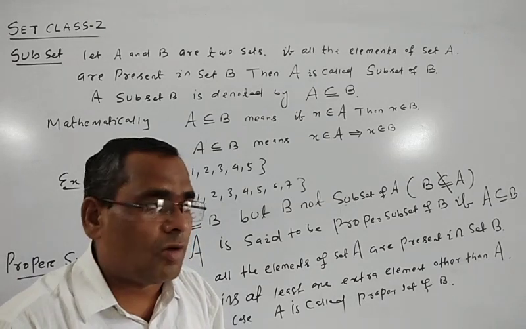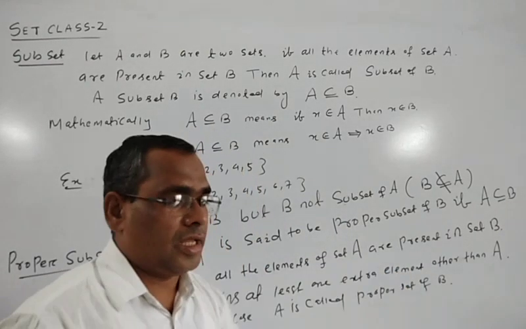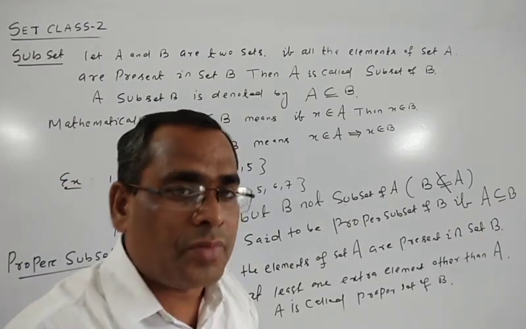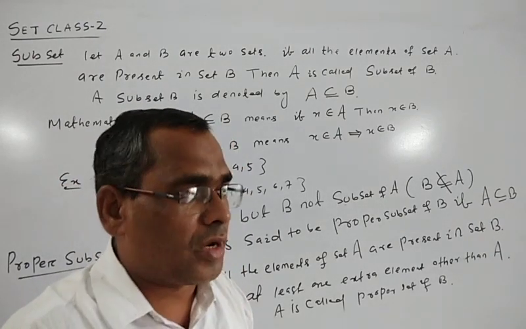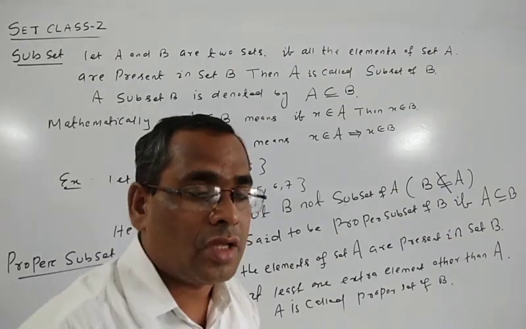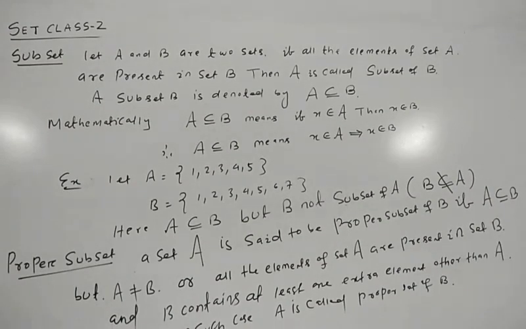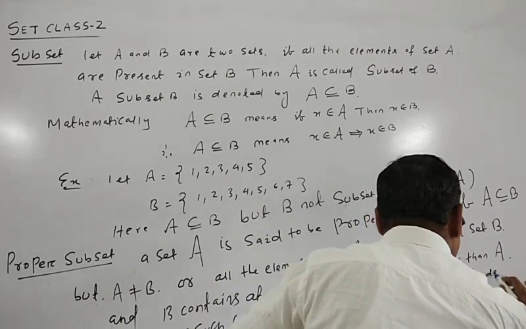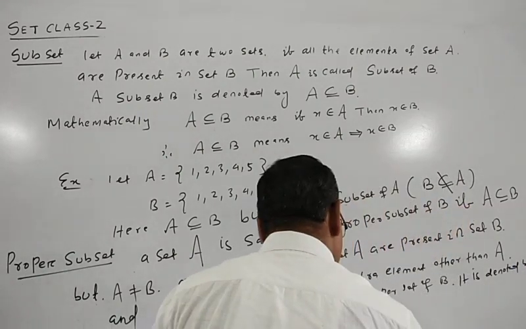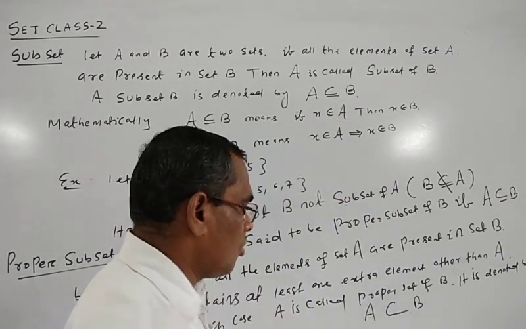Or all the elements of set A are present in set B and B contains at least one extra element other than those of A, which is not in set A. Then A is called a proper subset of B, or B is a superset of A. It is denoted by A proper subset B; for the subset symbol, you do not need to draw the line below.